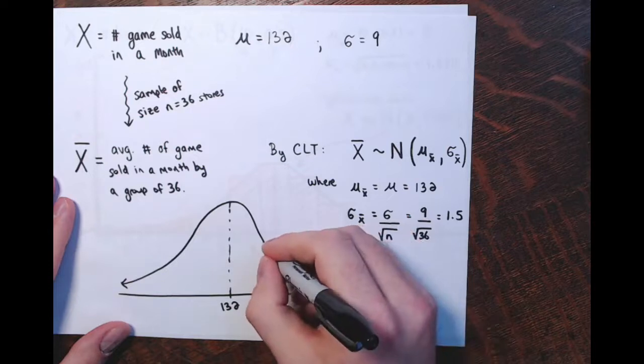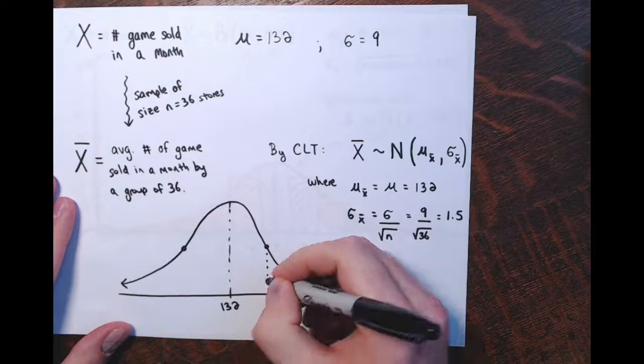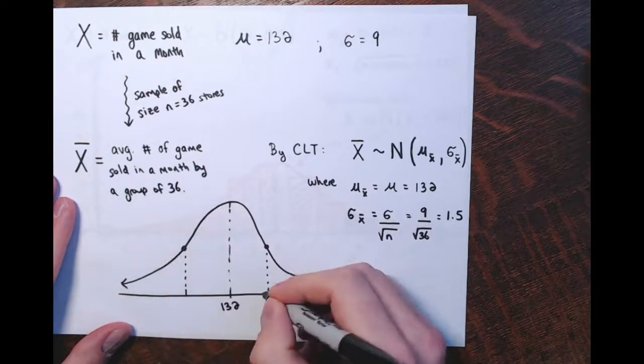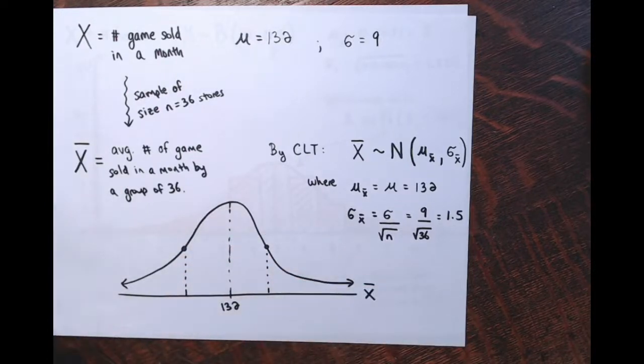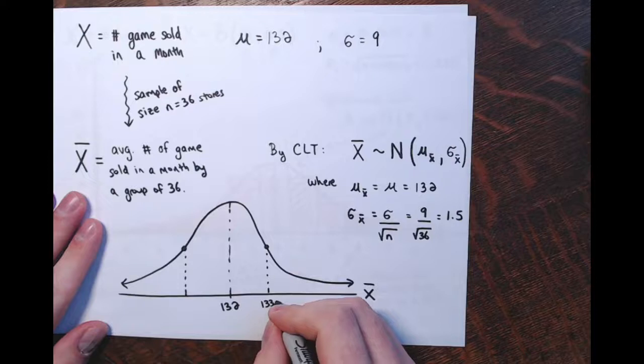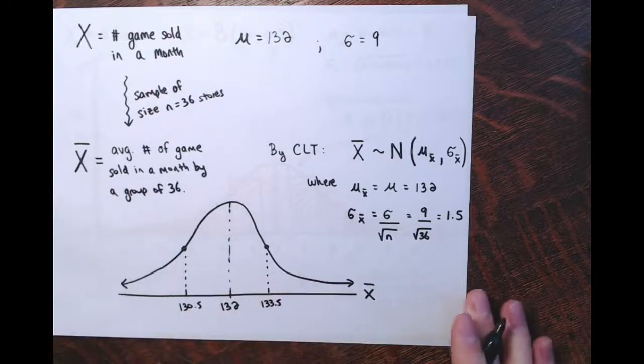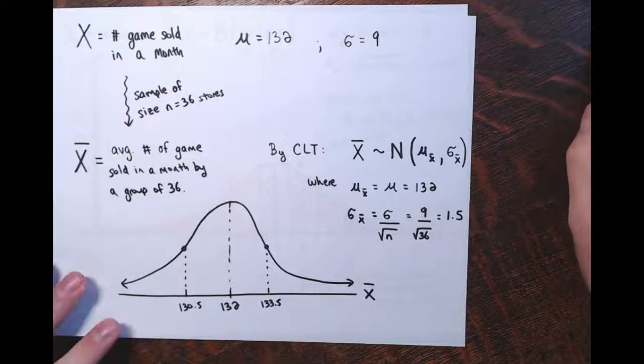So these inflection points should be above values that are 1.5 away. Remember, the inflection points are above values on the number line that are 1 standard deviation away from the mean. So this inflection point's at 133.5. This inflection point would be at 130.5, and so on. You could mark off where 2 standard deviations, 3 standard deviations are, etc.